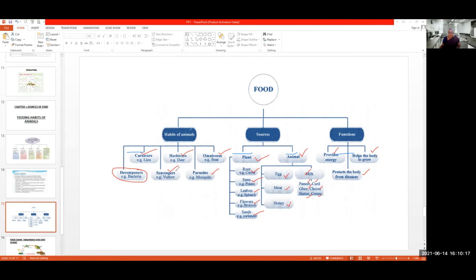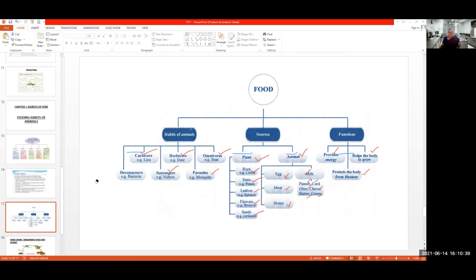If it is left as such, worms and small bacteria will form on it, so it will be eaten up by them, and then converted into a useful form. So those are called decomposers. Not only bacteria, fungi is also a good example of decomposers. And you will be learning this in detail in the coming lessons.